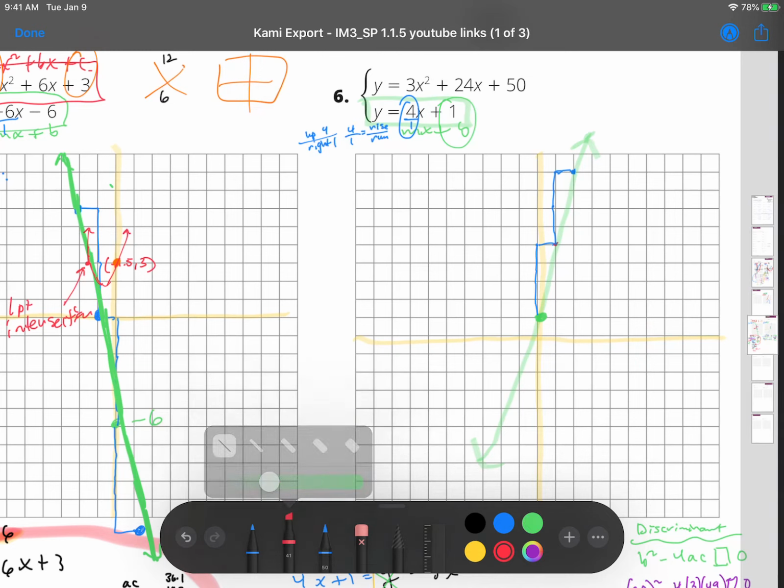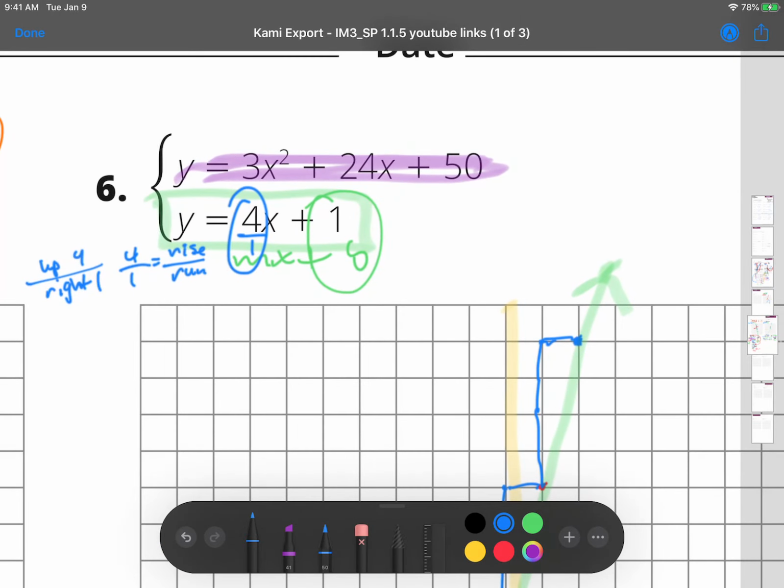Let's choose purple. We're going to make it a purple graph. To work with this purple graph, you have a standard form in quadratics, no parentheses, and here is my y-intercept.